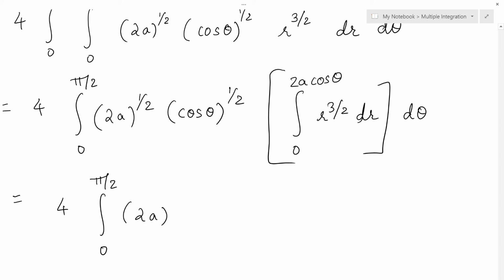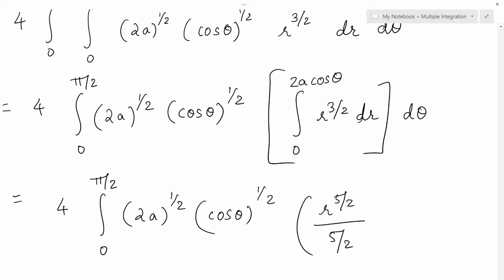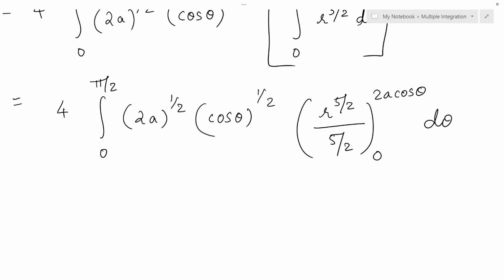So 2a raised to 1 by 2, cos theta raised to 1 by 2, and this is r raised to 5 by 2 upon 5 by 2. So let's substitute 2a cos theta raised to 5 by 2. So that again raised to 5 by 2 you have, and here 1 by 2 you have.